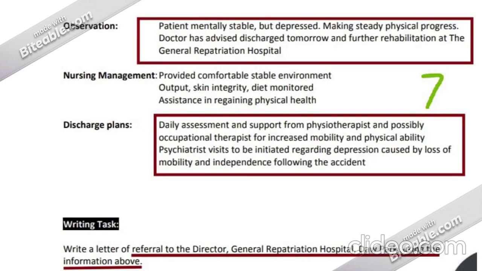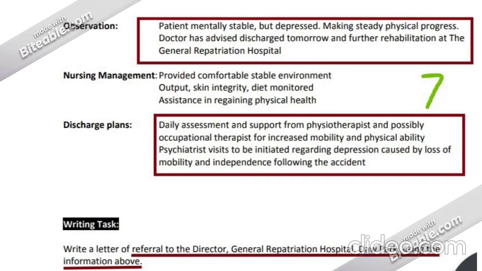Observation, patient mentally stable. So these all observations are needed. You have to underline patient mentally stable because this is the current status before discharge. This is, I mean, the letter date. So this is the last part that we have to include in our present medical history. Patient mentally stable but depressed, making steady physical progress.